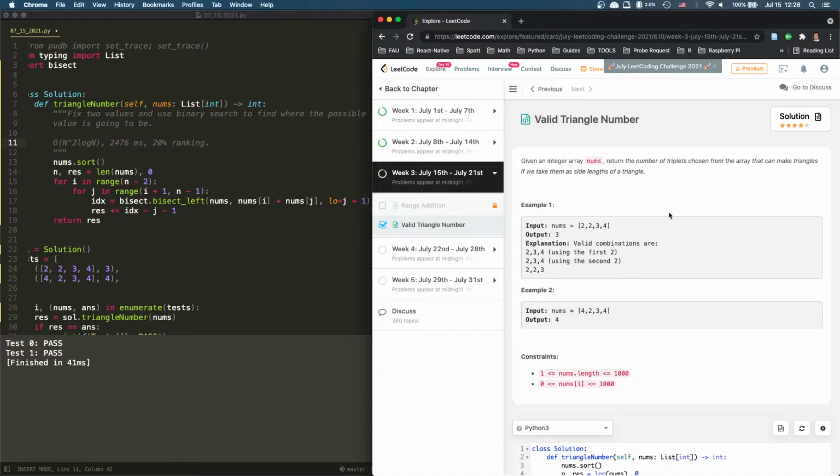Okay, so what are we doing right now? We have the sums, and for each sum, let's think about this like a 2D array, right? So we have a sum.